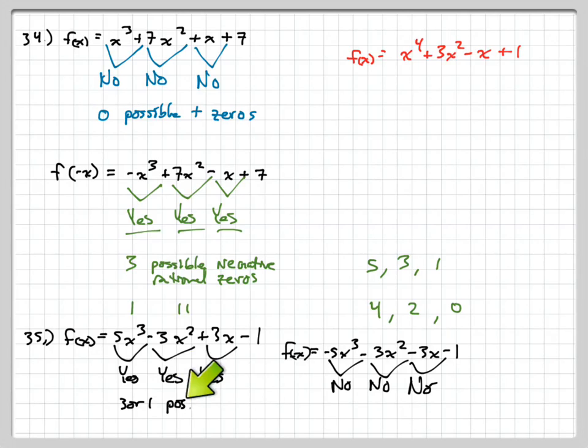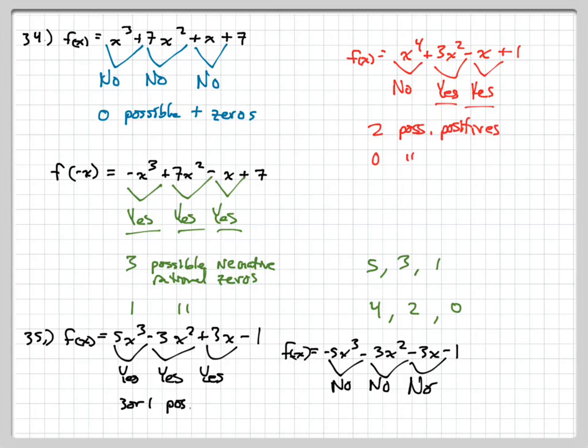So look at this one. This one's a no, right? Because they're both positive. That's a yes, and that's a yes. So because there's two yeses, you can have two possible positives, or 0 possible positives.